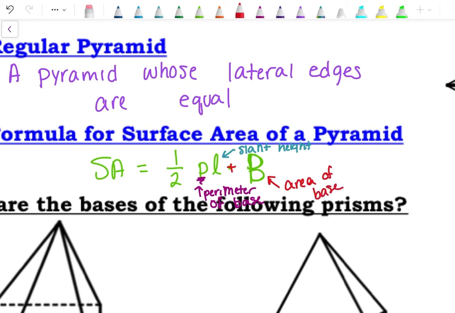So that's our formula. All we need is the perimeter, the slant height, and the area of the base.